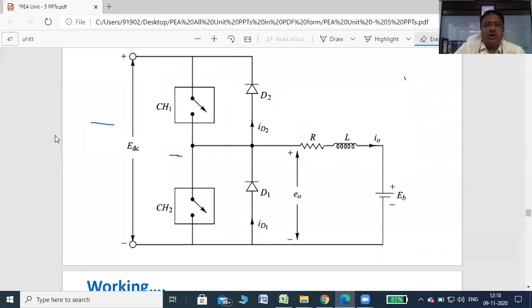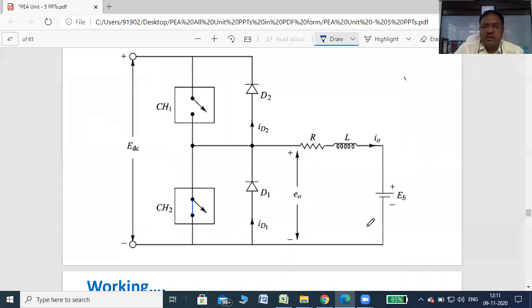When chopper 2 is on, what happens? Whatever energy is stored across the motor, that is called the back EMF. EB is called the back EMF, right?